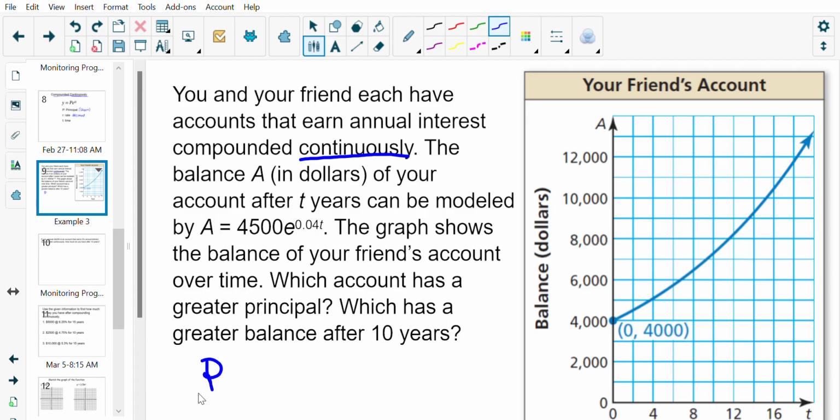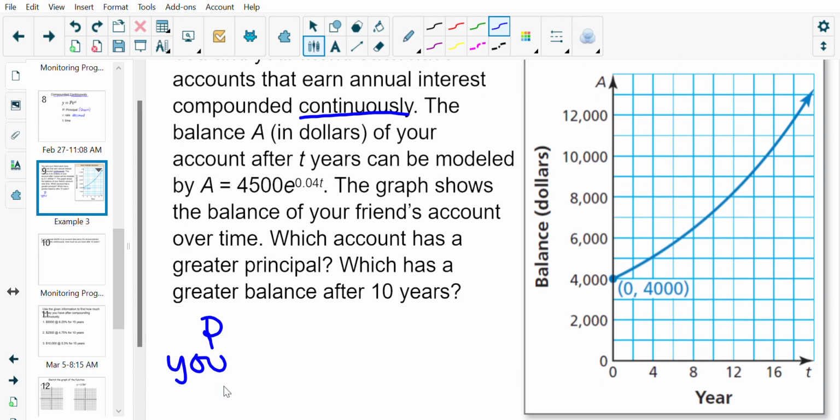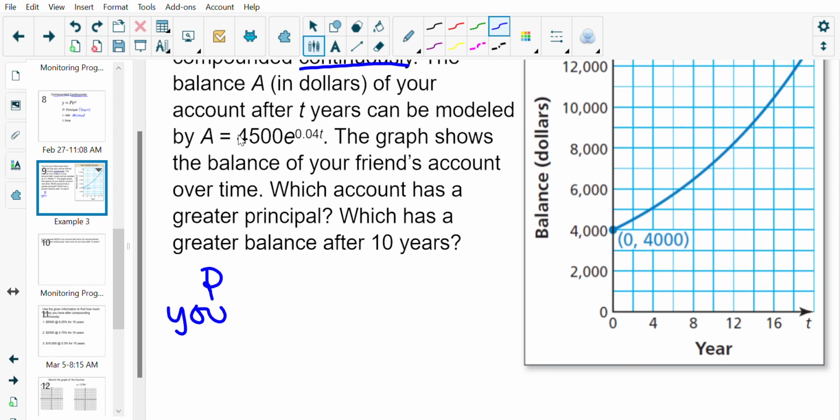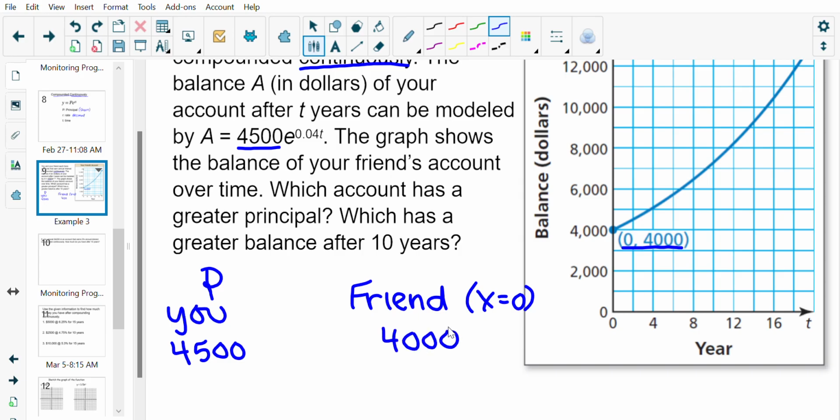So for you, if we look, you are going to be starting at $4,500. And your friend, if we look at the graph, remember our starting amount is when we're at x equal to 0. So the graph starts at $4,000. So your friend starts at $4,000 and you start at $4,500. So you have a greater principal.